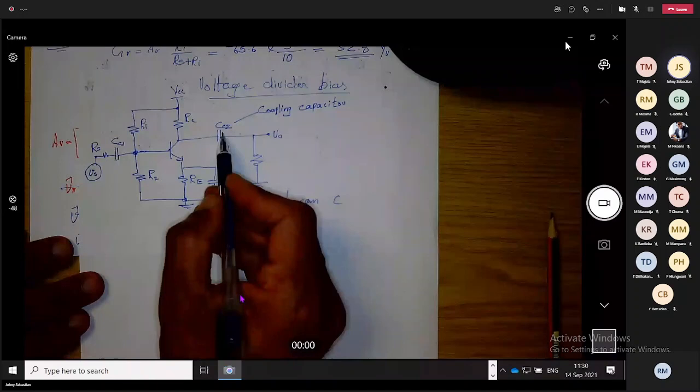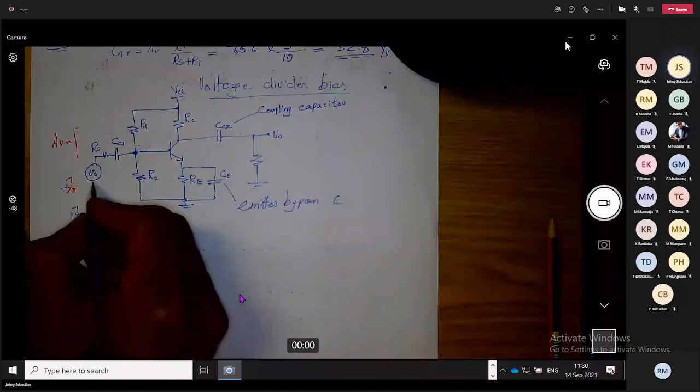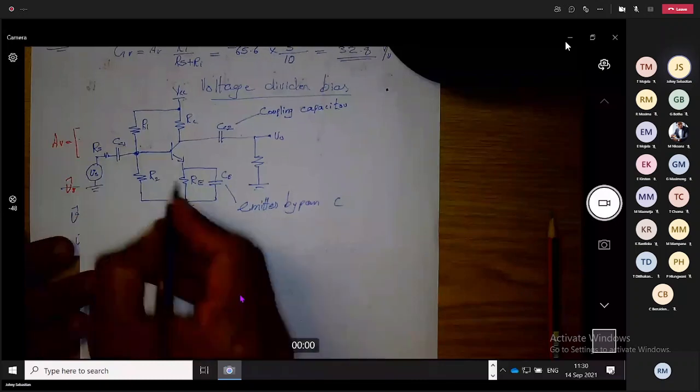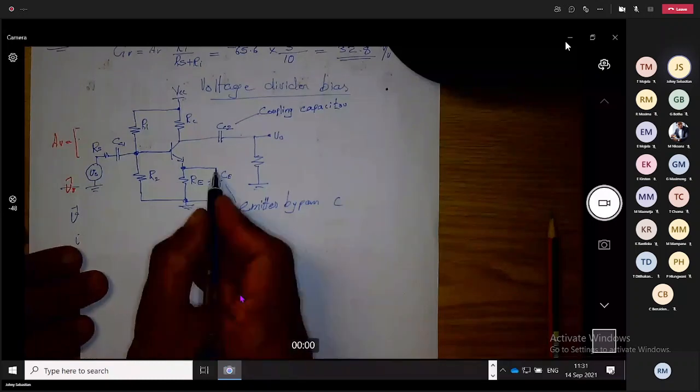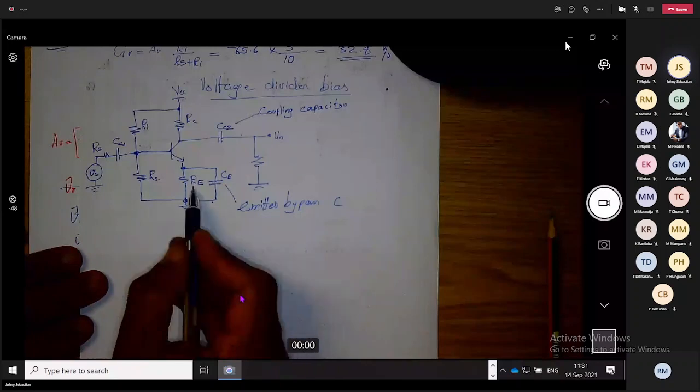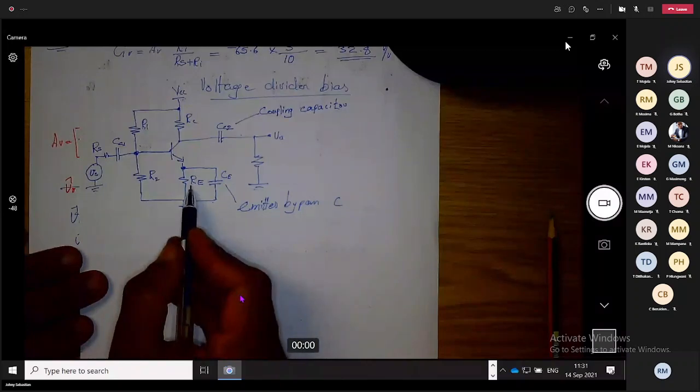Emitter bypass capacitor. Remember, once you do the small signal model, signal current reaches here and the capacitor acts as a short circuit to the ground. So in the small signal model, RE is bypassed. So we will not see RE at all.